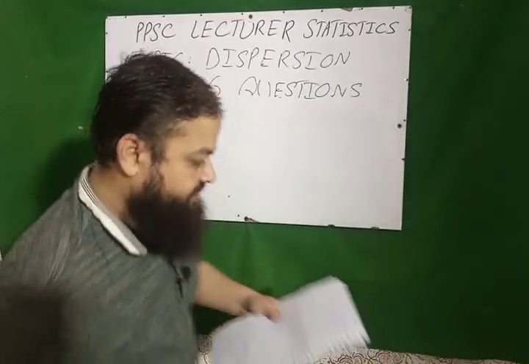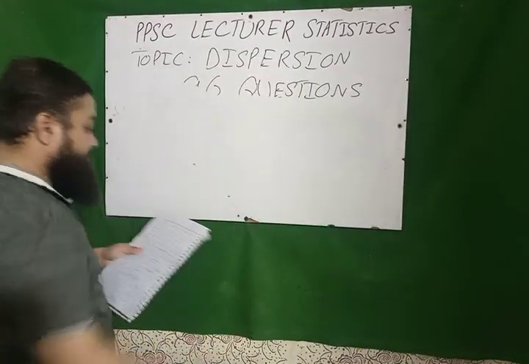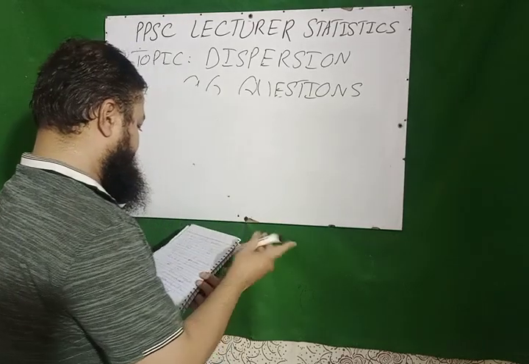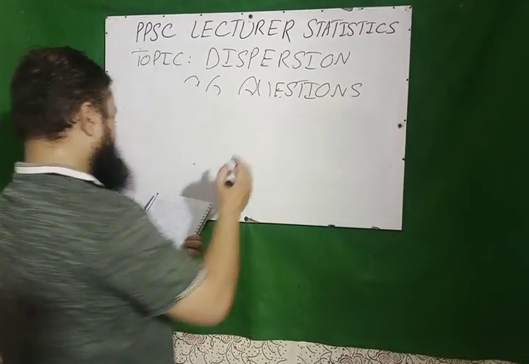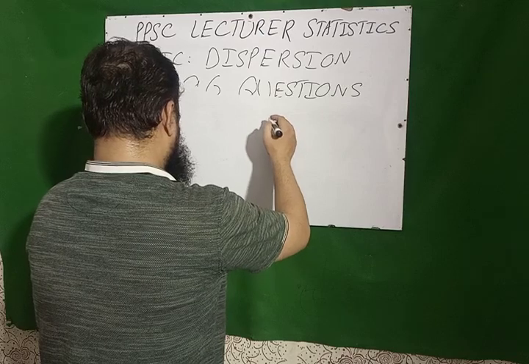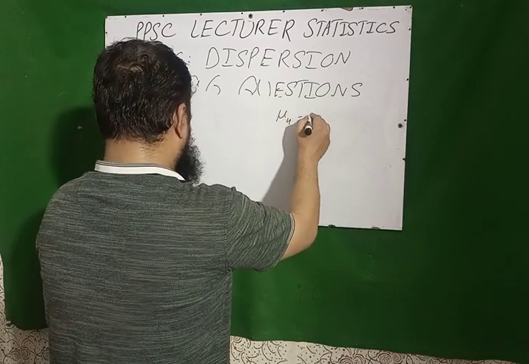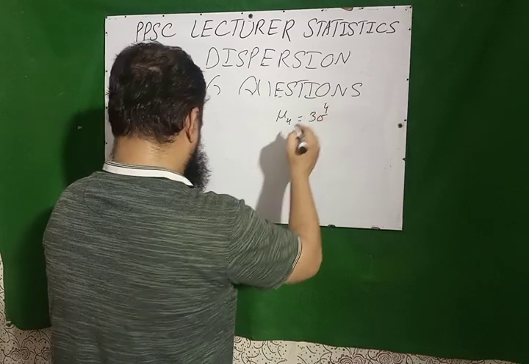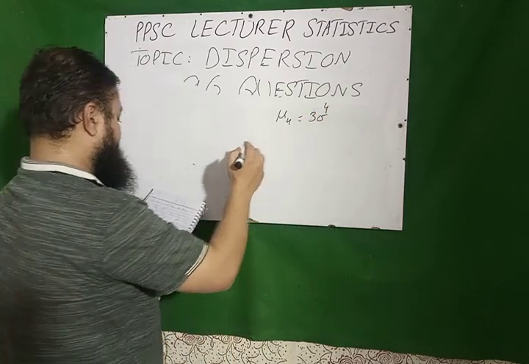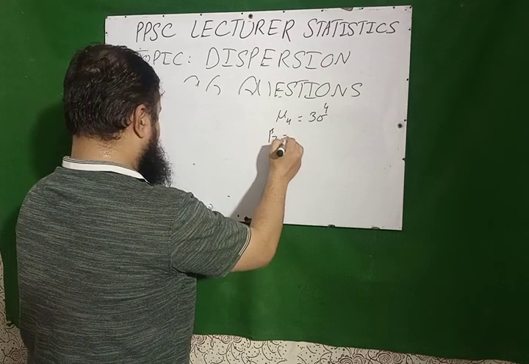Next question is, in mesokurtic, mu4 is equal to 3 sigma power 4 and beta 2 is equal to 3.